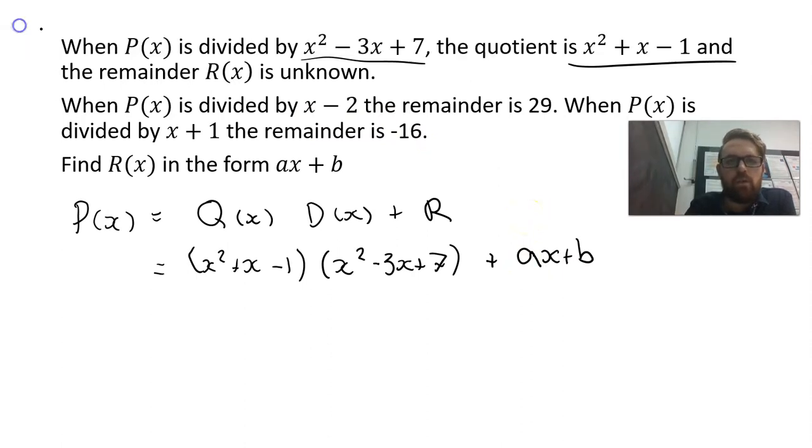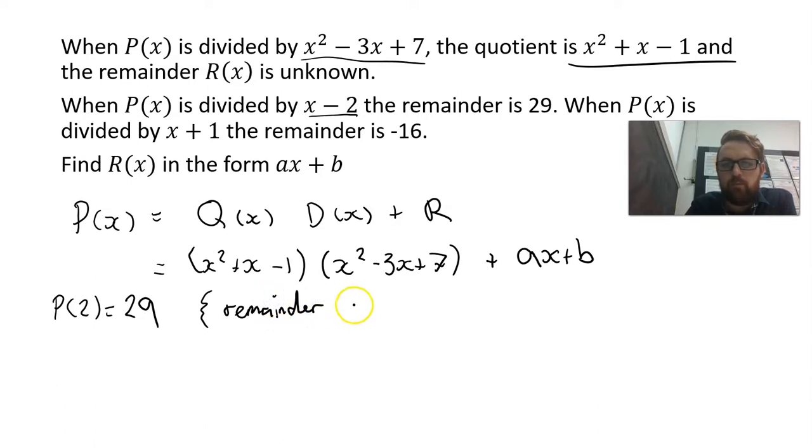What we do know is, when k equals 2, so when we've got p of 2, we get a remainder of 29, using the remainder theorem.